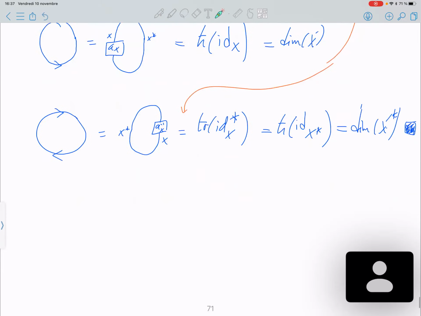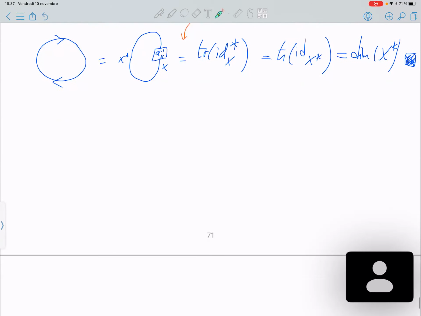Okay. So now we can provide also the oriented version of the statement about applying the dual for evaluation and co-evaluation map.